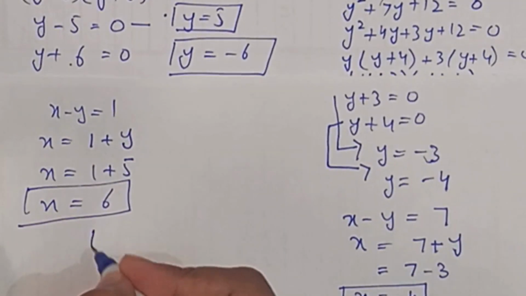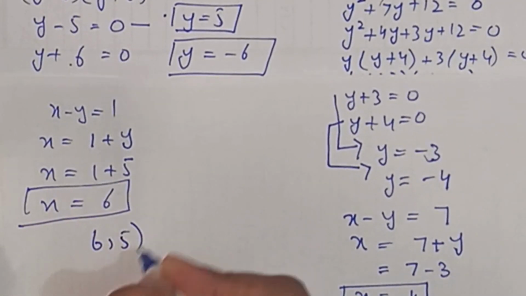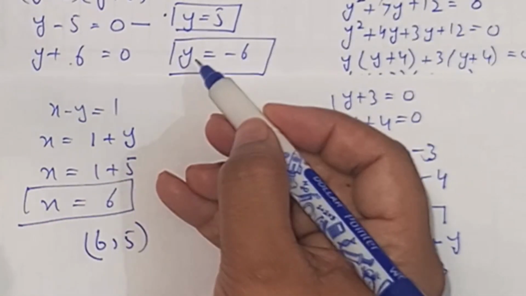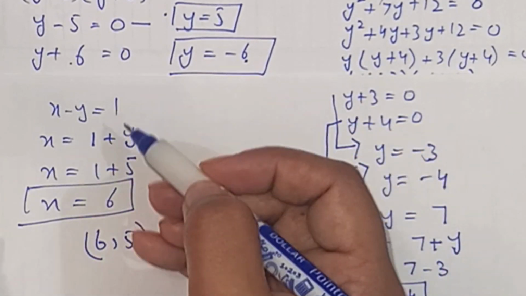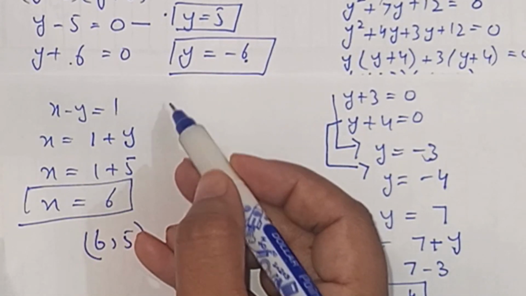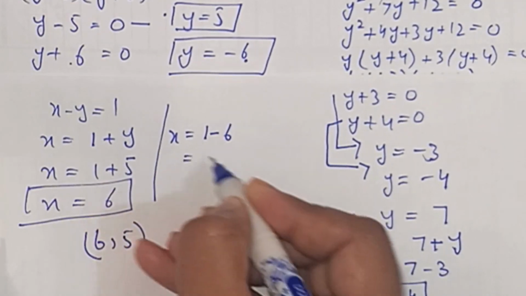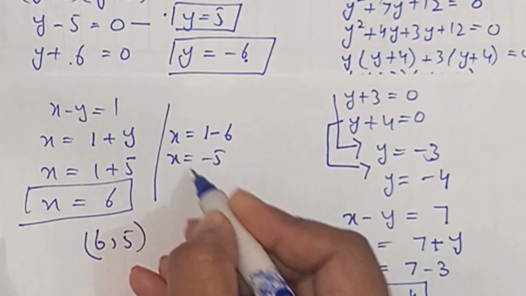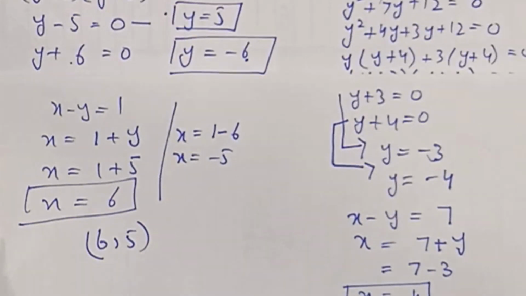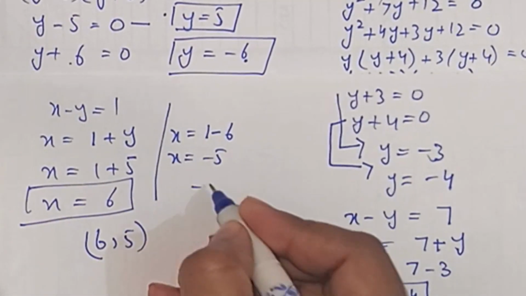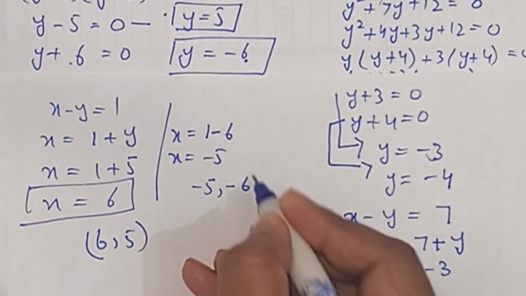So we write this as (6, 5). Now we take the value of y as minus 6. So this will become x is equal to 1 minus 6, and 1 minus 6 is minus 5. Then the value of x is minus 5. So we write this as (-5, -6).